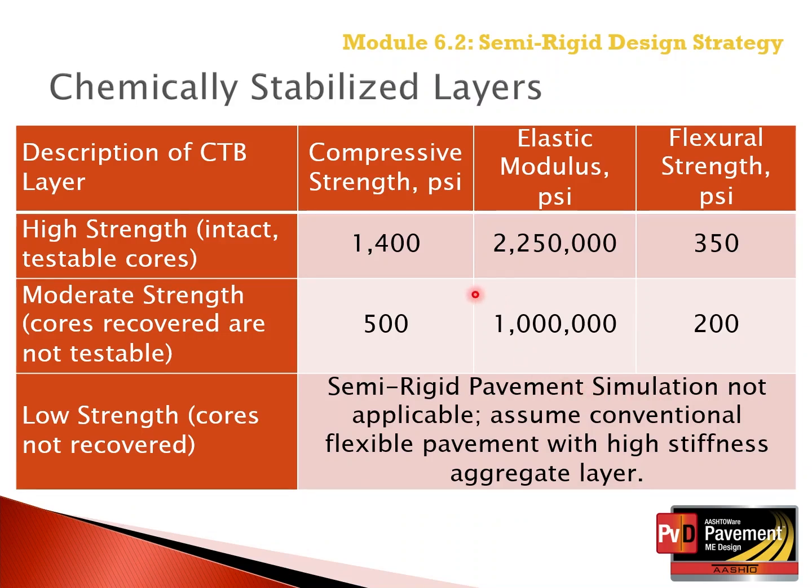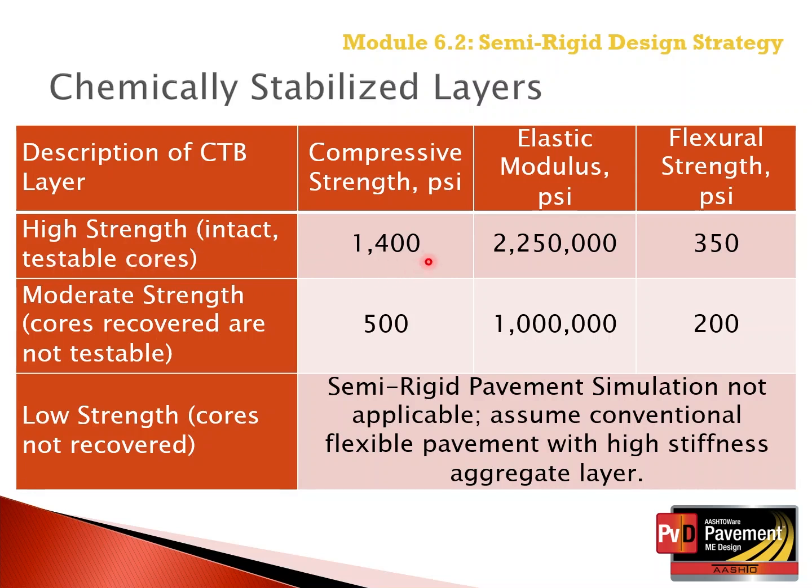This table simply shows a brief summary and/or overview regarding the description of chemically stabilized layer, cement treated base type materials. Both kind of an average compressive strength, average elastic modulus, and average flexural strength. And it simply shows that if we have enough additive or a high strength type material, no question intact testable cores can be recovered.